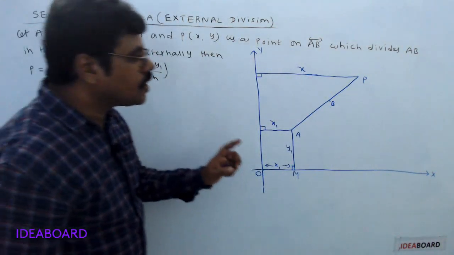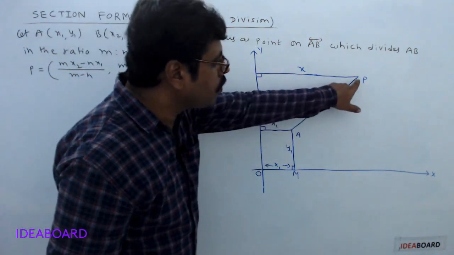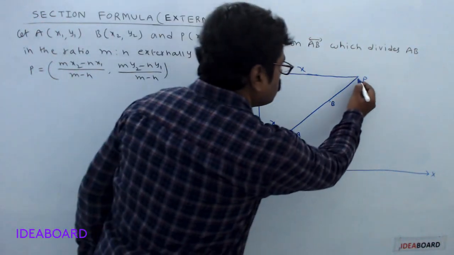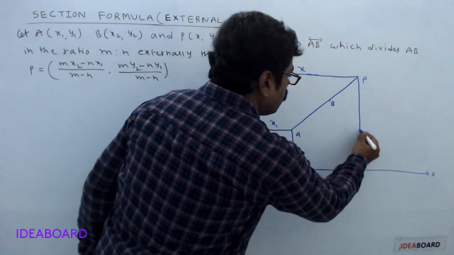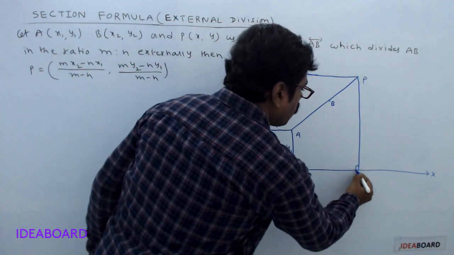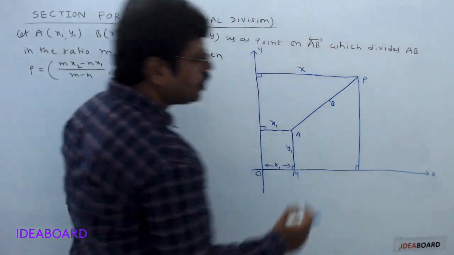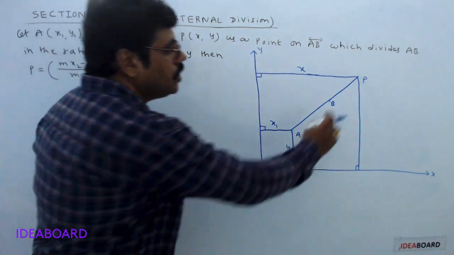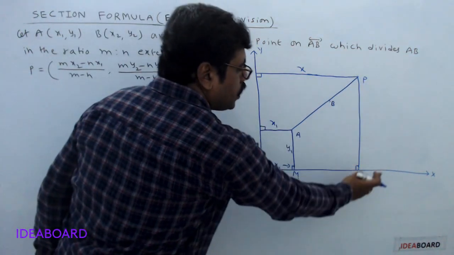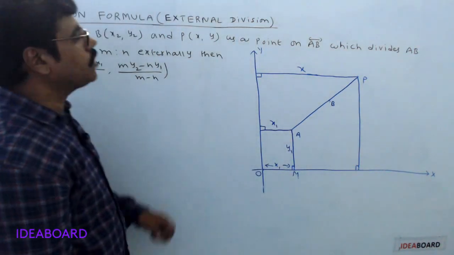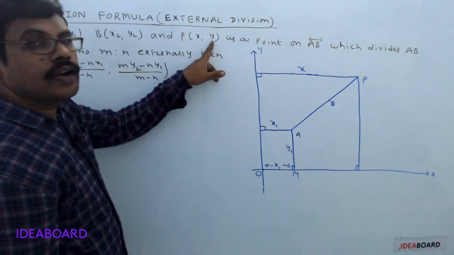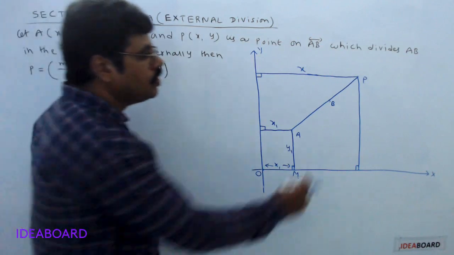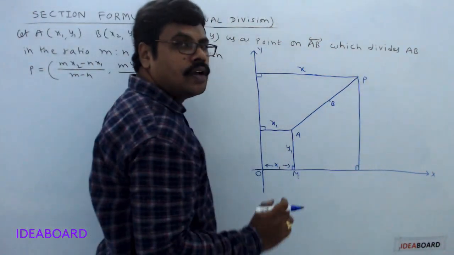Once again draw a perpendicular from the point P onto the x-axis. Now this is the perpendicular from the point P onto the x-axis. From the definition of y-coordinate, the distance from the point P to the x-axis can be taken as the y-coordinate of P. Here the y-coordinate of P is y.